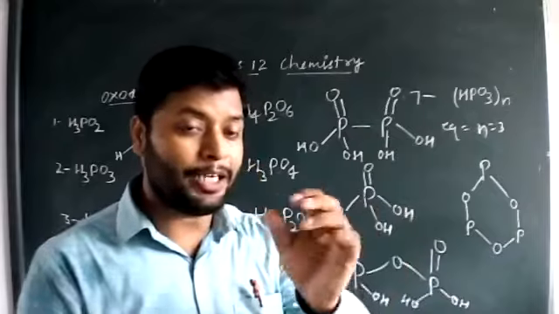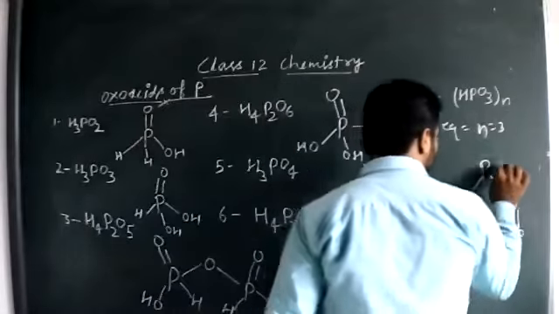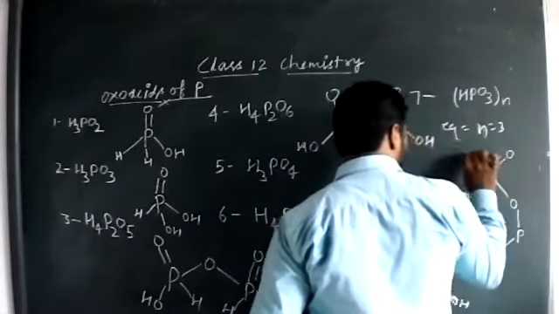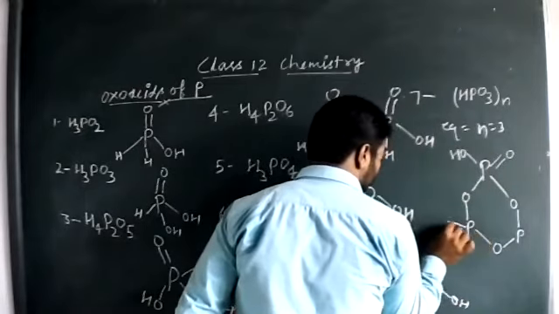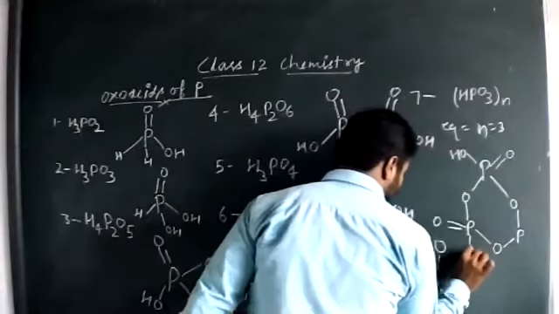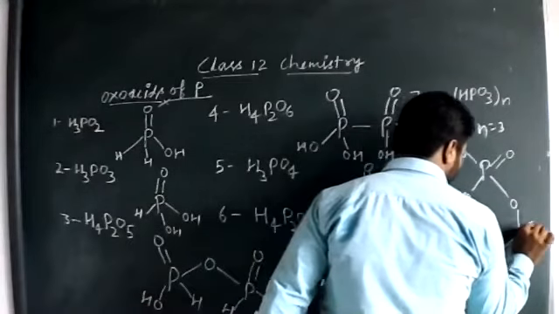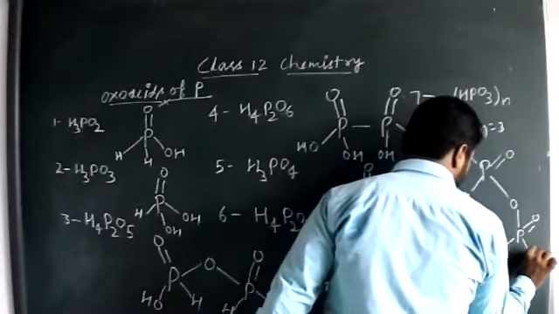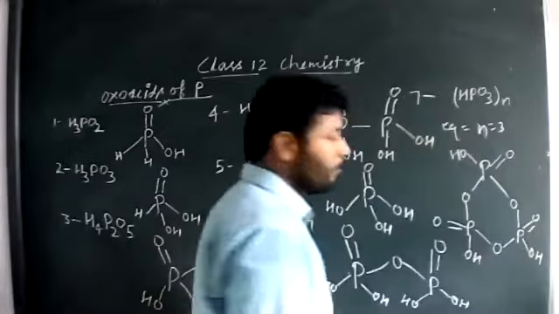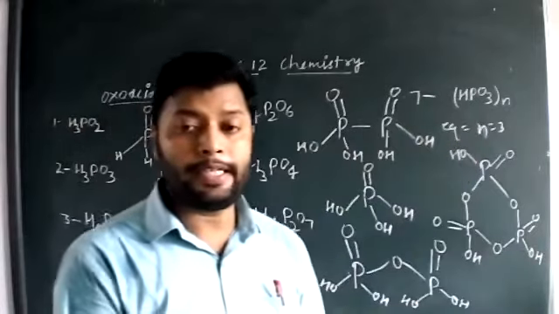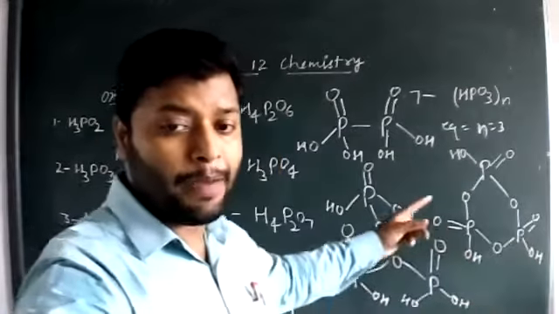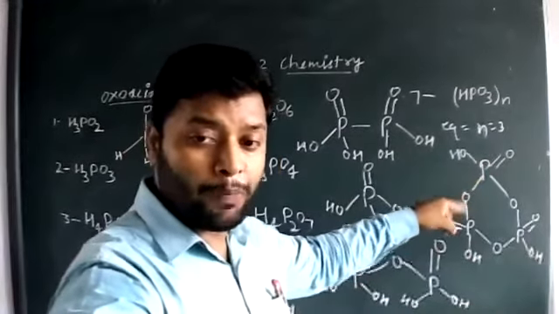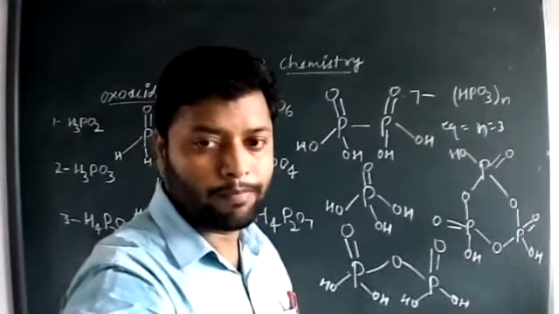As usual, the pattern should follow here also. Phosphorus will make a P double bond O. The pattern will be followed in each and every case. You can see again, phosphorus having the P double bond O, POP bond and POH bond.